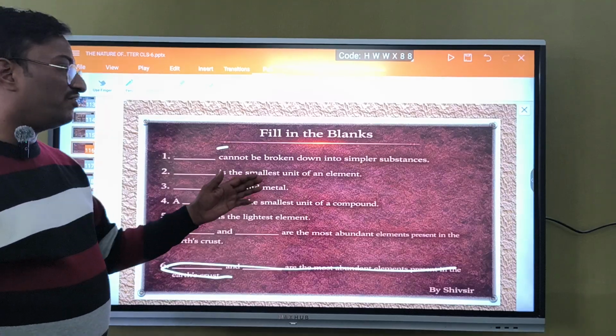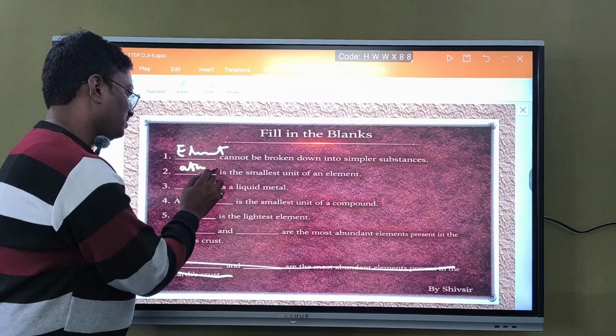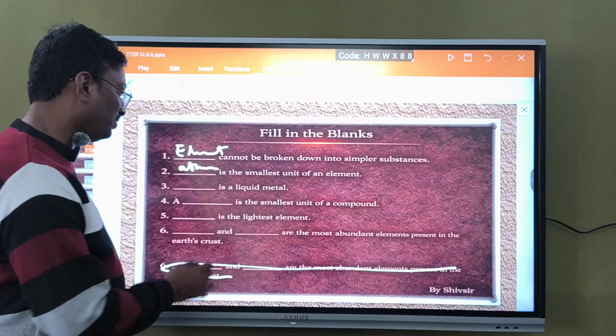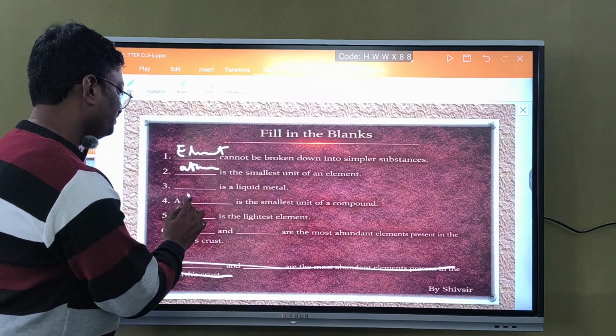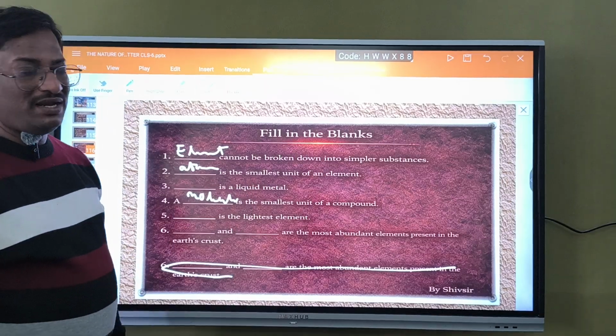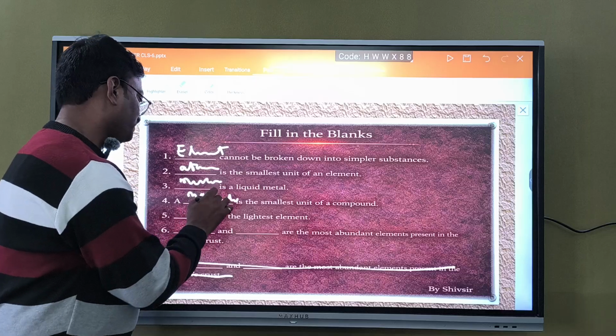The smallest unit of an element is the atom. The smallest unit of a compound is the molecule. A liquid metal is mercury.